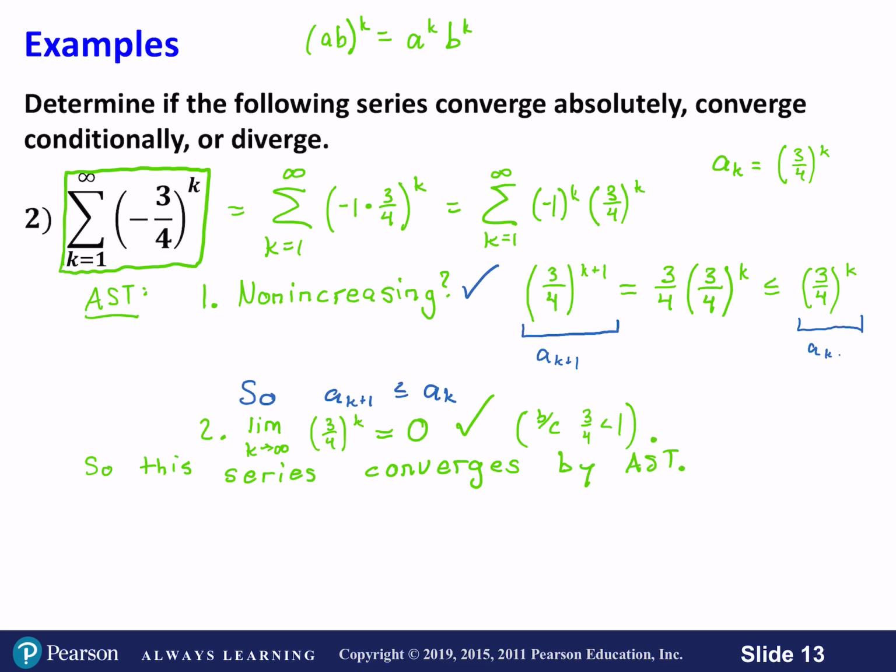So that thing converged, and that was definitely an easier way to do it. If you noticed that from the beginning, then props to you. You should do that in the future. So yes, this thing converges both by the alternating series test and because it's a geometric series.